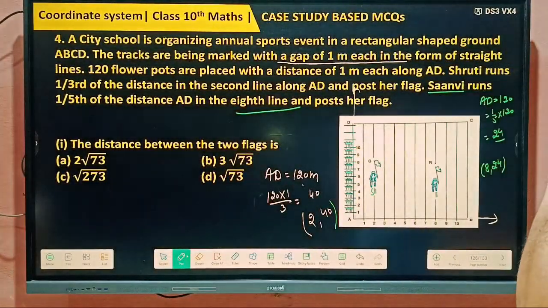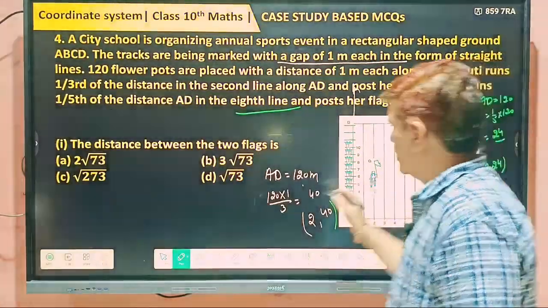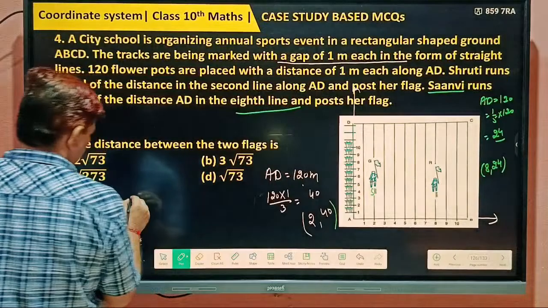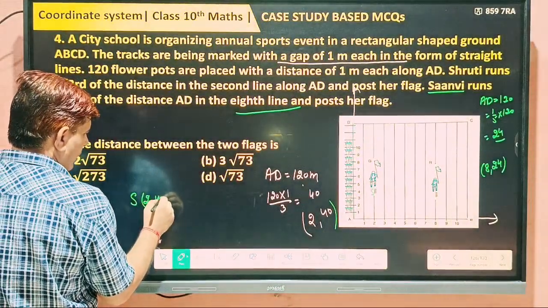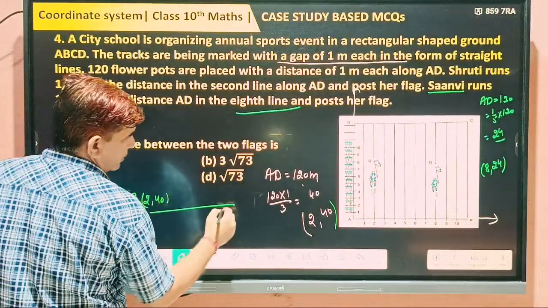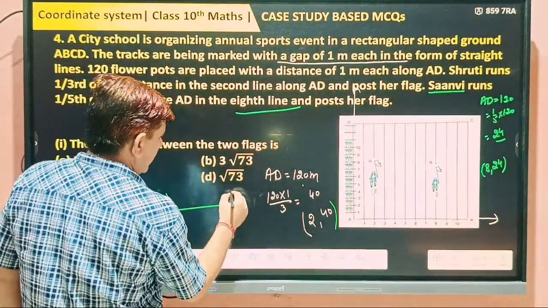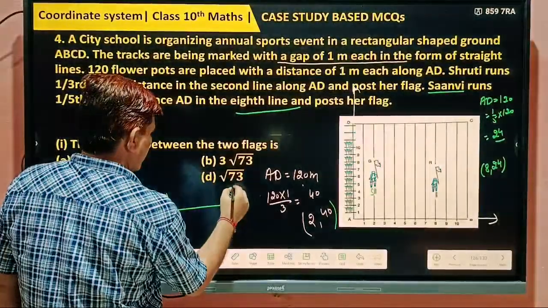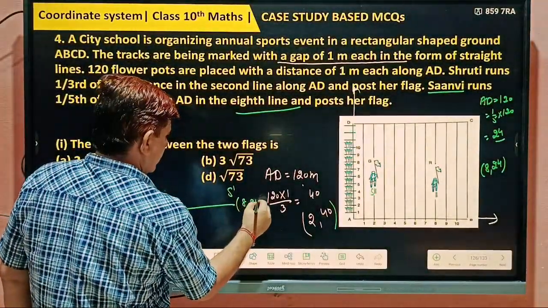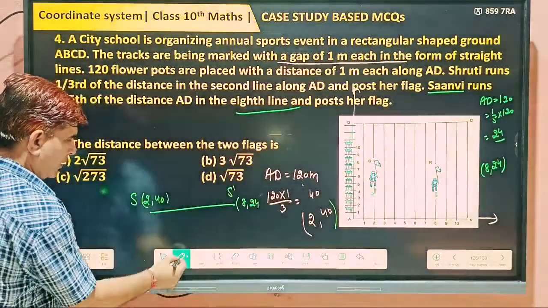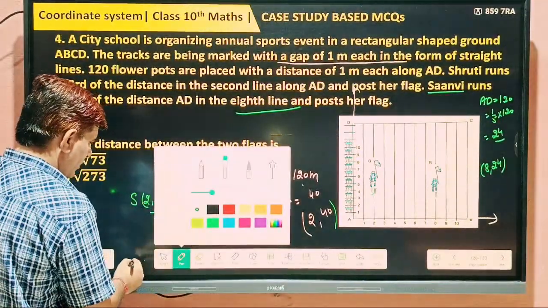So the distance between the two flags. This is the distance between the two flags. For Shruti we have taken S, whose coordinates are 2 and 40. Another is what? Name Sanvi. Sanvi, S dash we can take, whose coordinates are what? 8 and 24. So what will we apply? Distance formula.